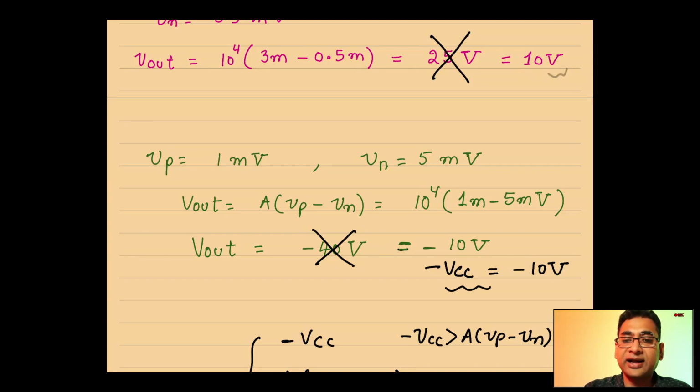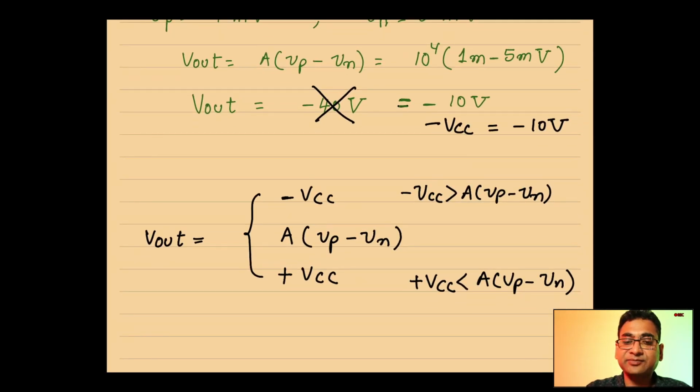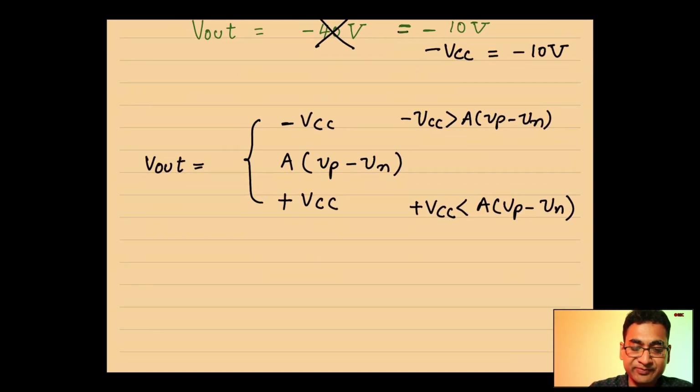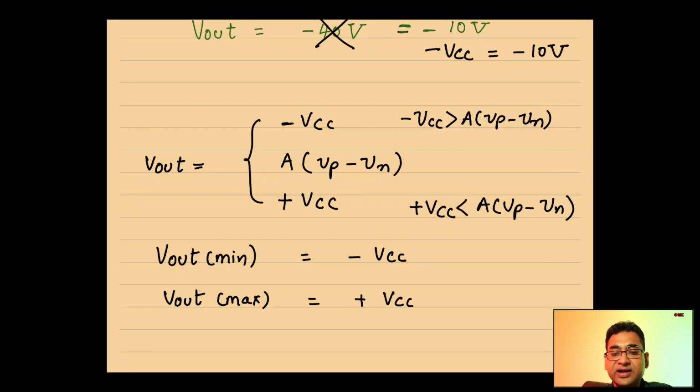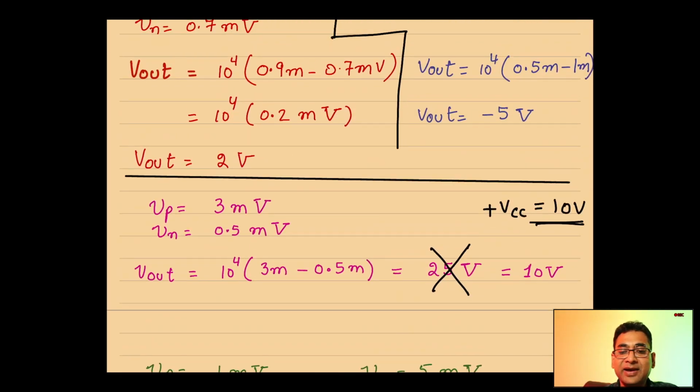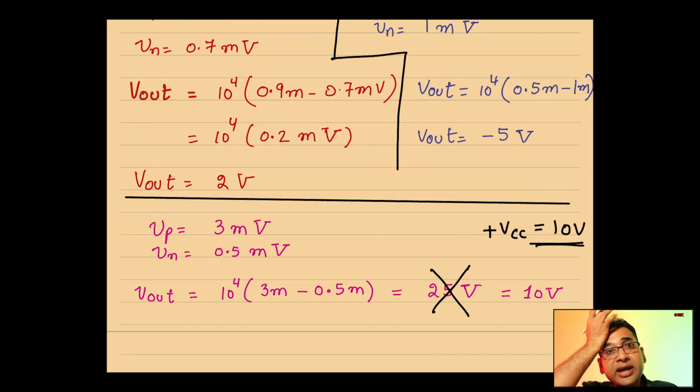All that this equation is saying is that the V output minimum of an op-amp is negative VCC and the V output maximum of this op-amp is positive VCC. That's all there is to it. So when you see your op-amp output going above plus VCC or below minus VCC, then you know that the output is going to saturate.